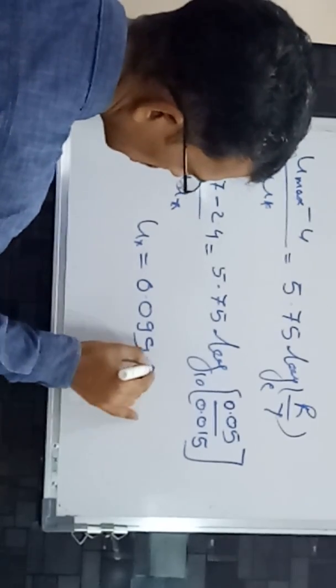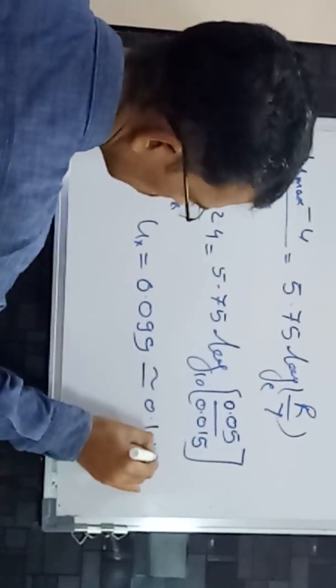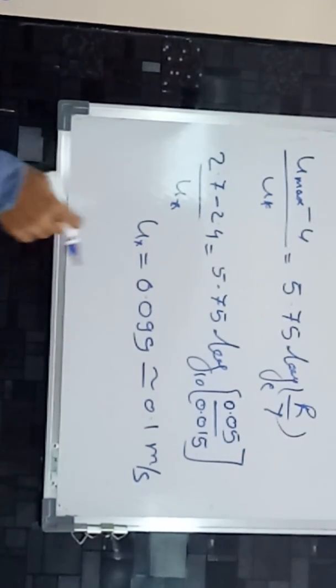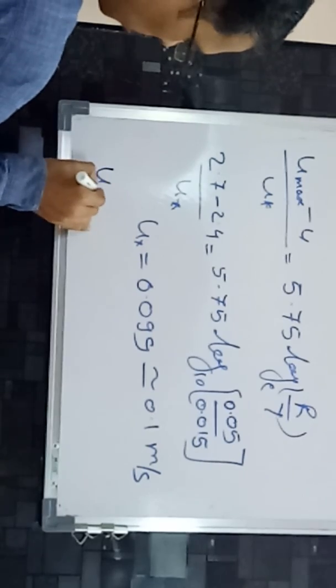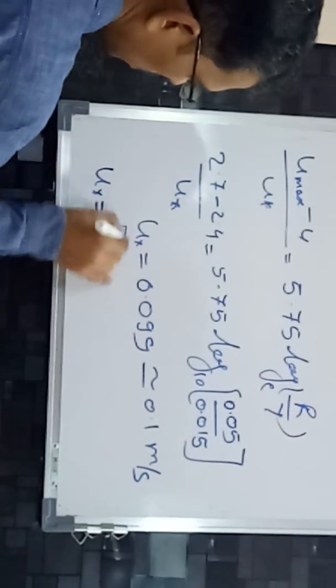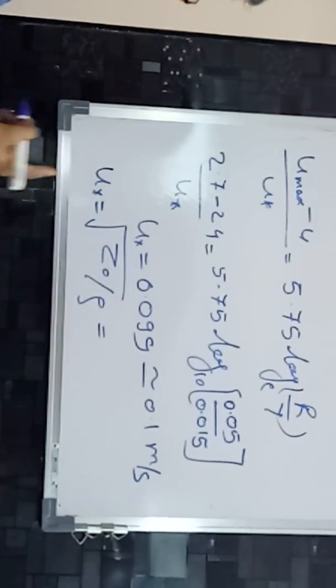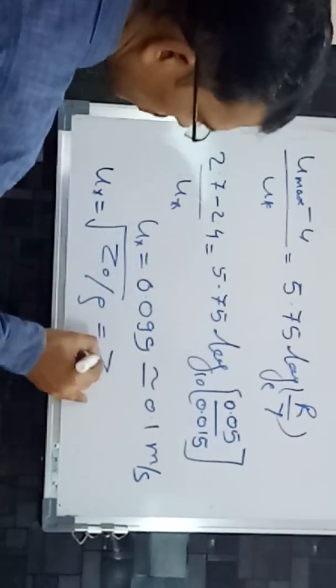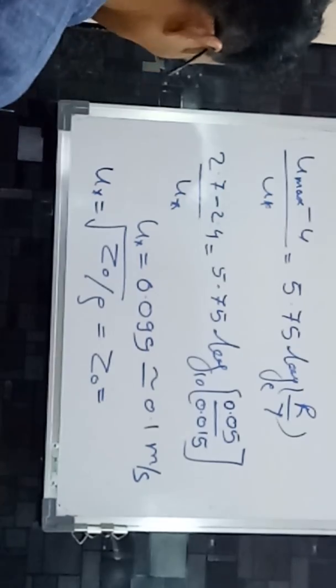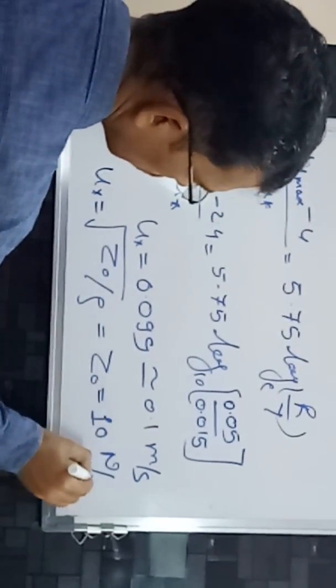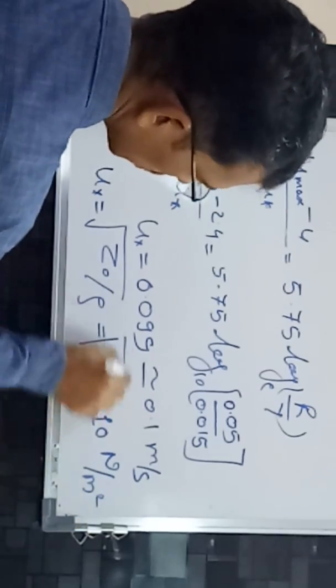You can say 0.1 meter per second, a round figure we are considering. Now, if we know the shear velocity, we are able to find the shear stress. How? With the help of this formula. Substitute all values, and it will come 10 Newton per meter square.